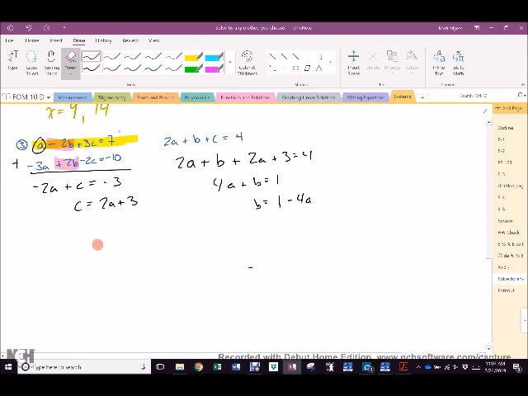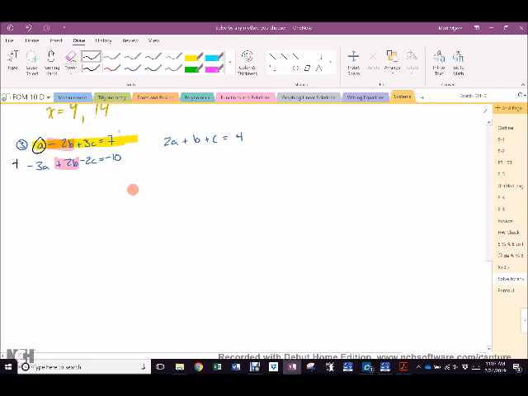Where did I go wrong? Because I have the right answer. I did it right earlier. What did I do wrong? Okay. Here we're cool. c equals 2a minus 3. Excellent.